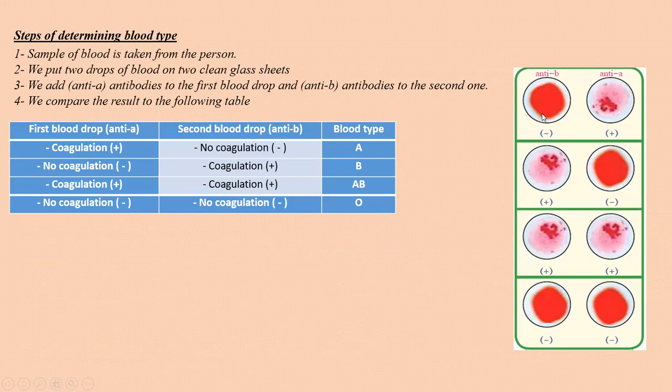We put drops of blood on 2 clean glass sheets. Okay. We add antibody. I have these samples and I start putting on different blood groups. I have antibody, I have blood and another type of blood, and I take number 1 and put anti-B on it, and see what happens to different types of blood, meaning different blood groups. And I have other different blood groups, I put anti-A on them and see what happened, and from that I can determine whether the blood I have is A, B, AB or O.